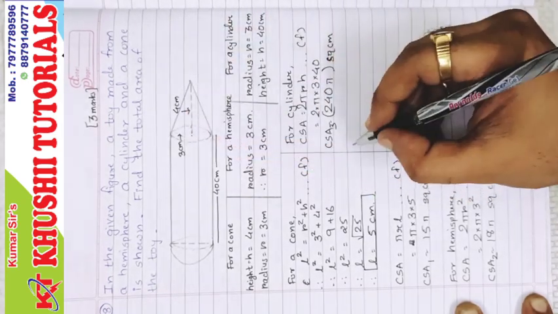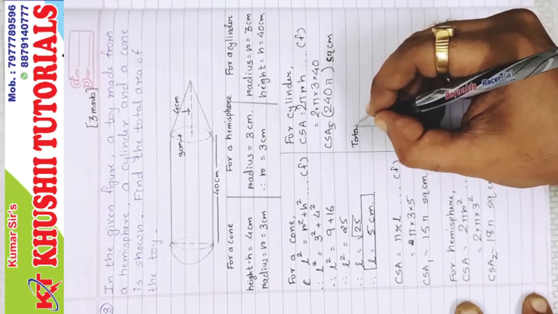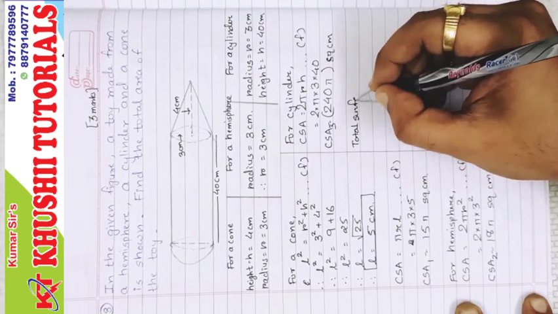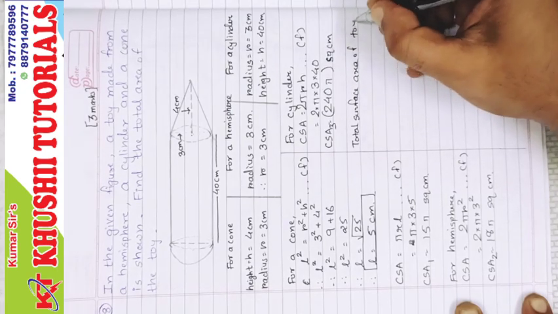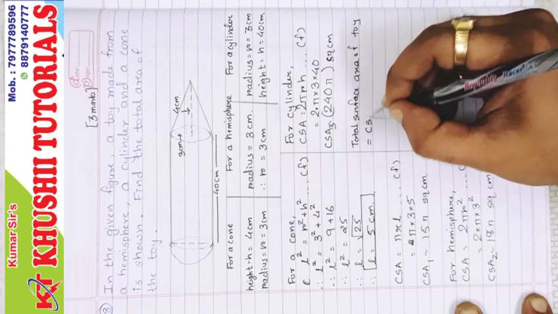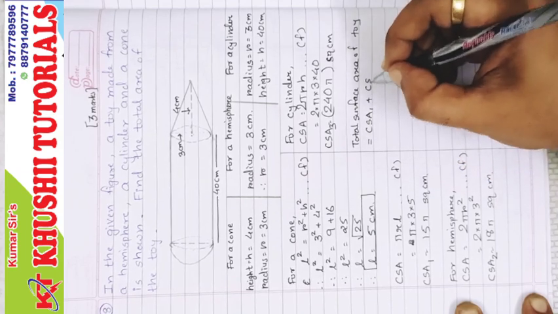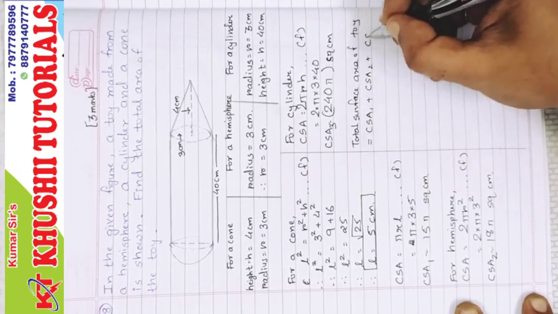Now TSA of toy, that is total surface area of toy, equal to CSA 1 plus CSA 2 plus CSA 3.